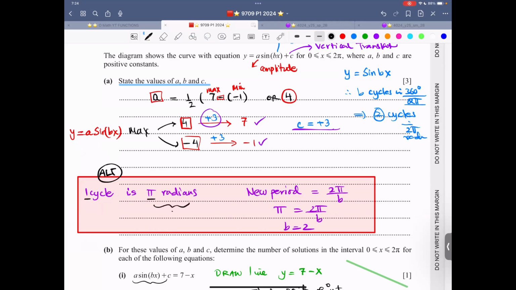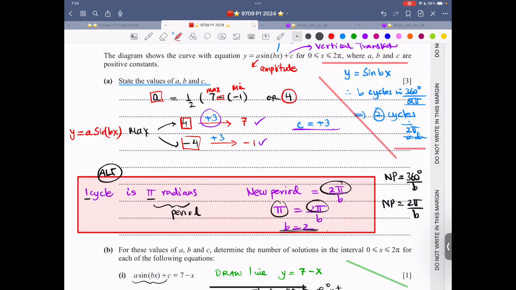Now the new period formula is 360 degrees divided by the coefficient of x, which in this case is k, or the new period is 2 pi over the coefficient of x, which is b in this case. So this is pi, this is 2 pi. You divide, you find the value of b. There are these methods you can use to find the value of b. So these are 3 straightforward marks.